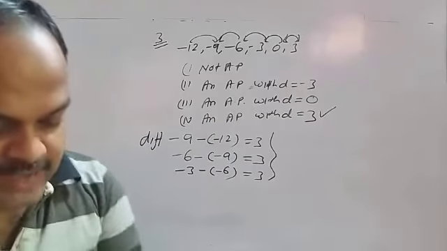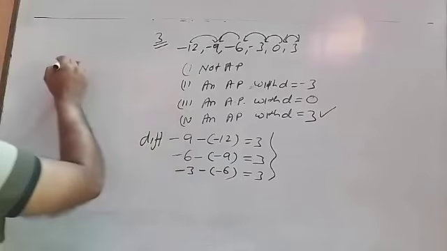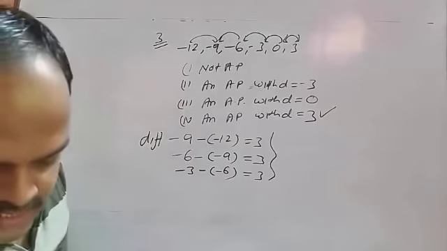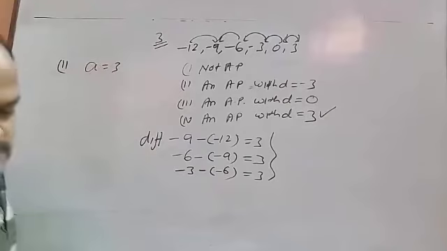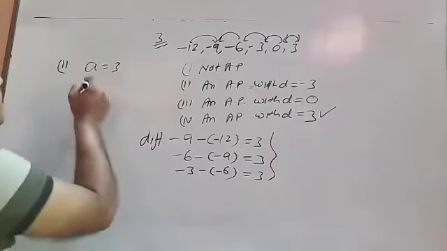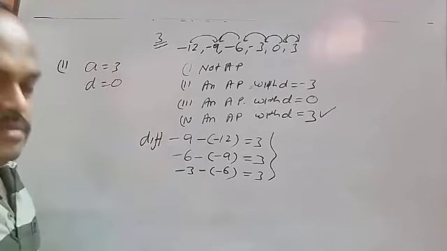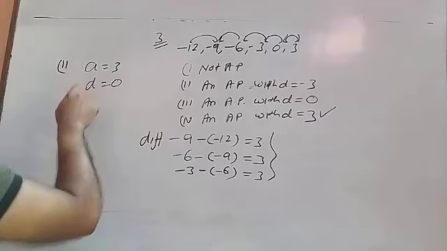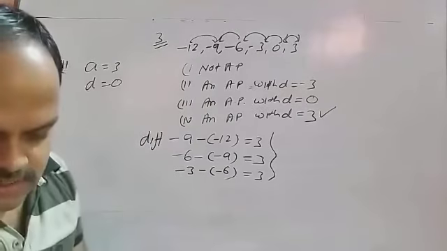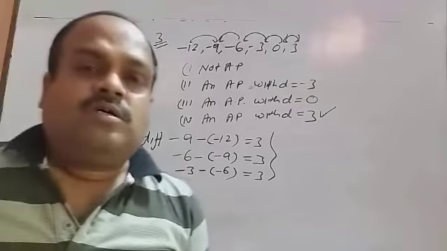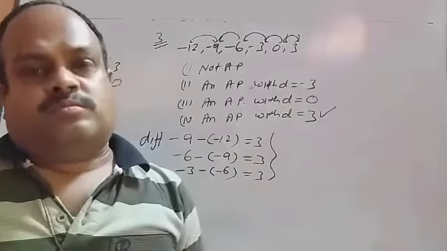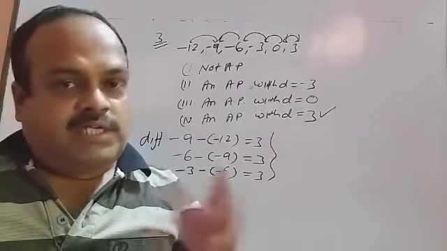Second part of this question: in an AP, A is equal to 3 and D is equal to 0. A is the first term and the common difference D is 0. My dear students, if D is 0, then the series will not move.